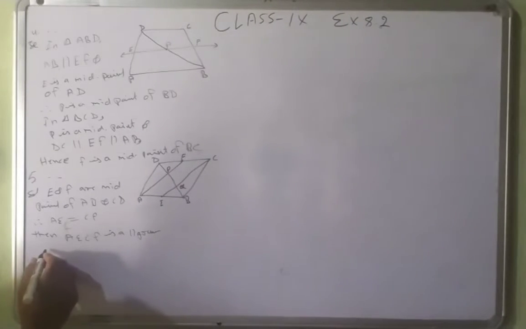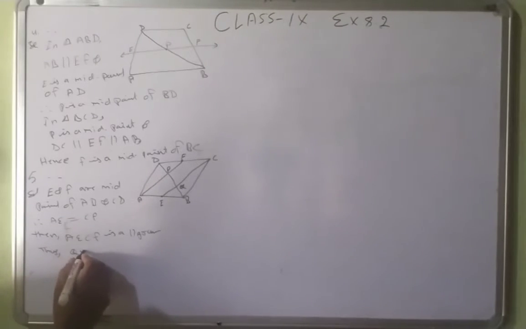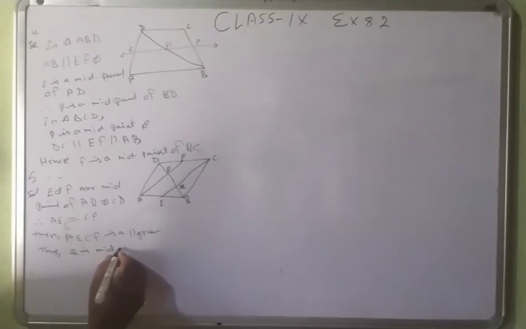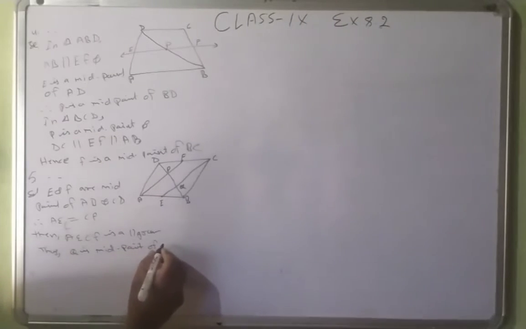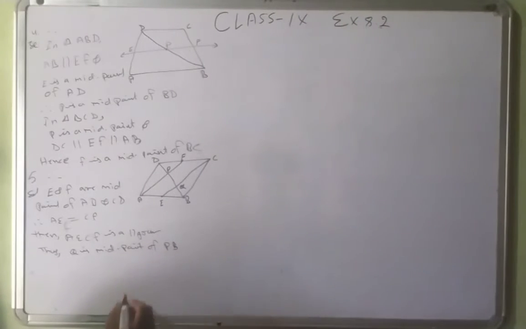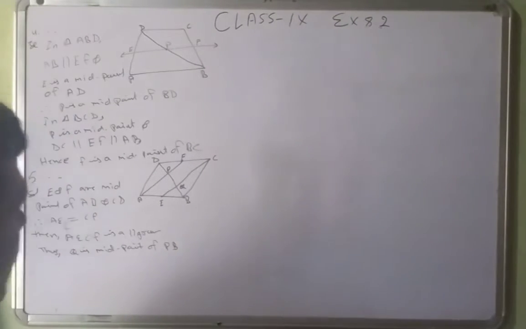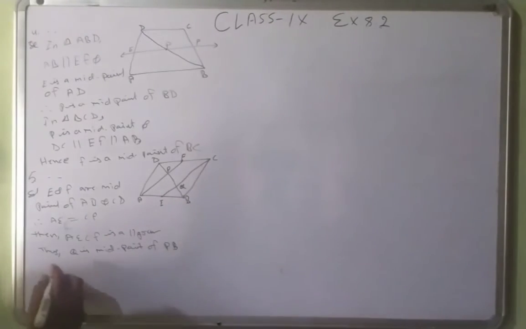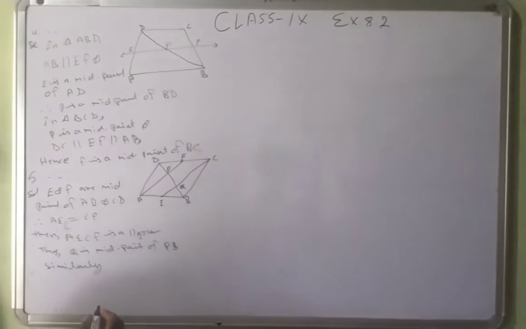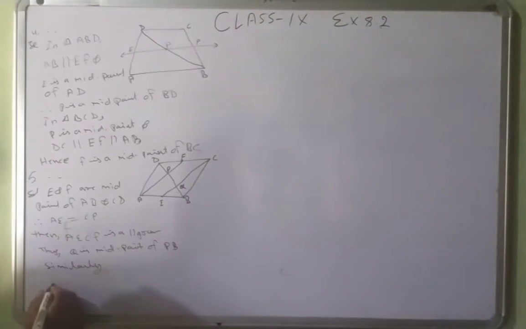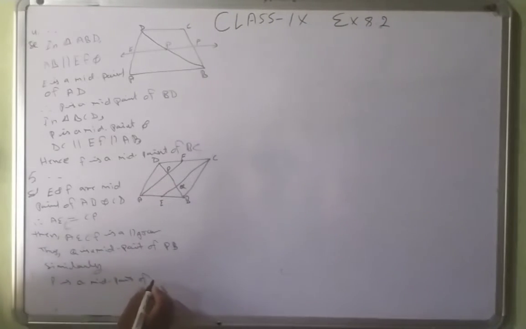Since AECF is a parallelogram, Q is the midpoint of PB. Similarly, P is the midpoint of DQ.